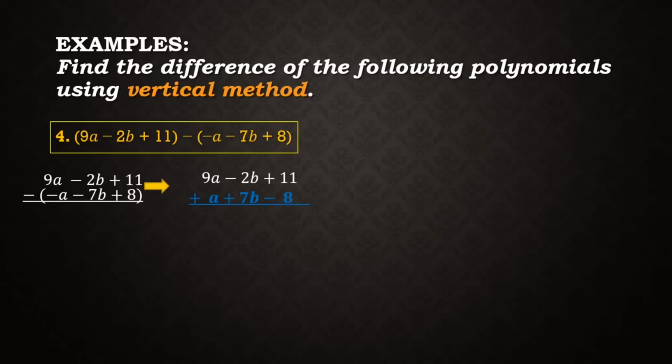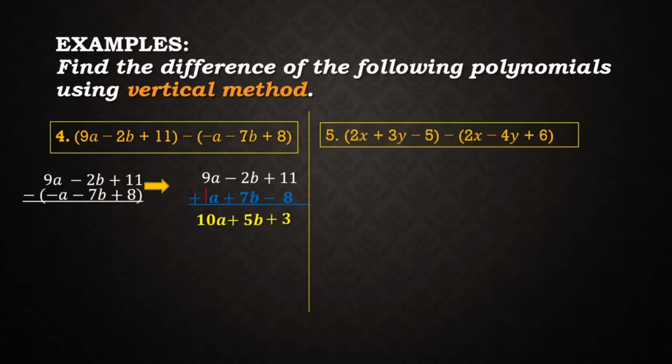Then we add: 9a plus a, or 9a plus 1a, is equal to 10a. Negative 2b plus 7b is equal to 5b. And 11 plus negative 8 is equal to positive 3. So our final answer for example number 4 is 10a plus 5b plus 3.